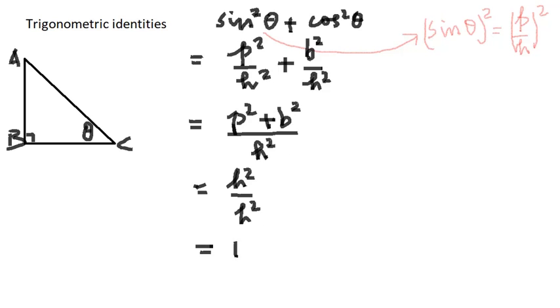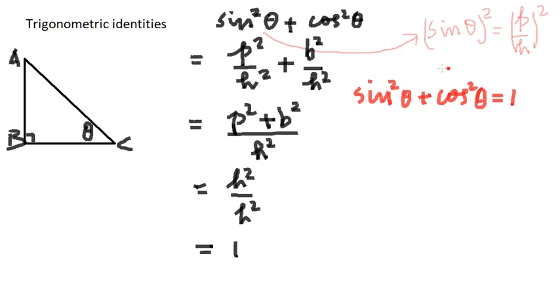So from this we have our first identity, which states that sine squared theta plus cos squared theta is equal to 1. So that is our first identity.